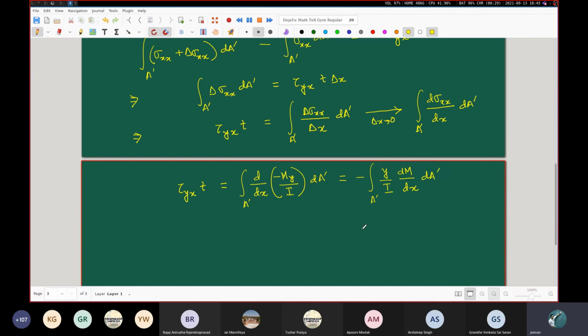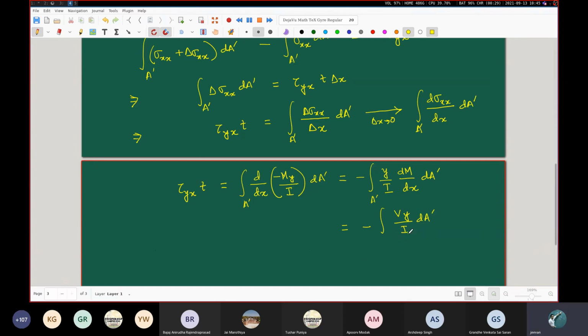Now you tell me, this dM/dx thing, what is it? You all know. V. Exactly. This dM/dx, as per our previous chapter, is nothing but V. So this thing is V times the integral of y by I dA dash.